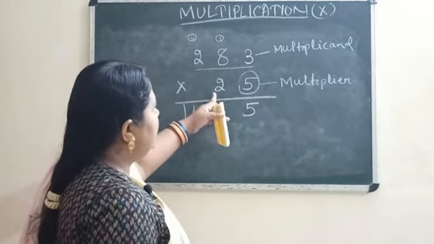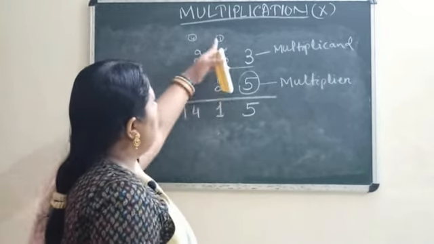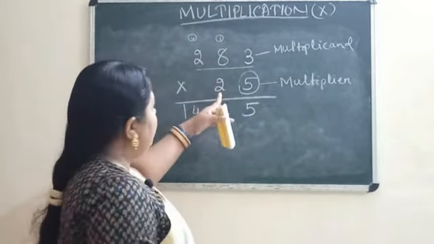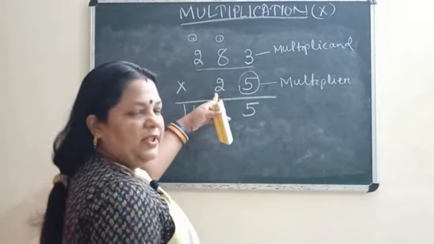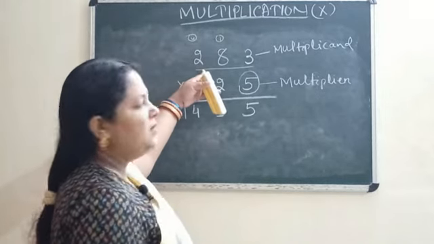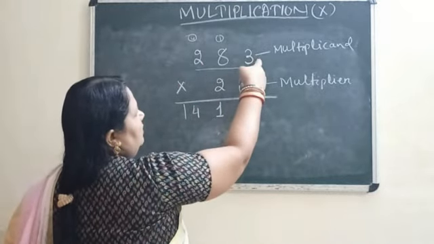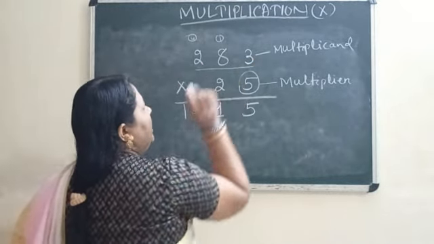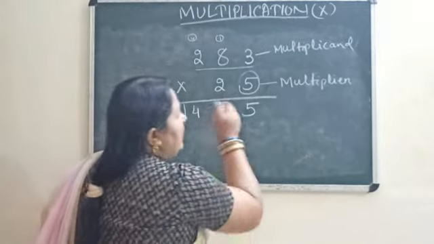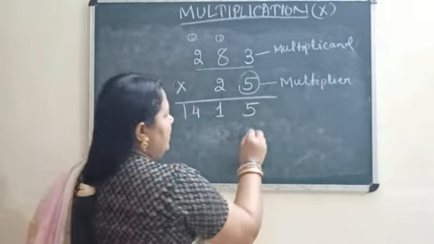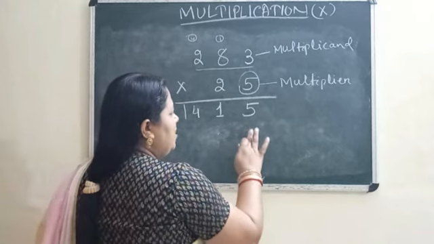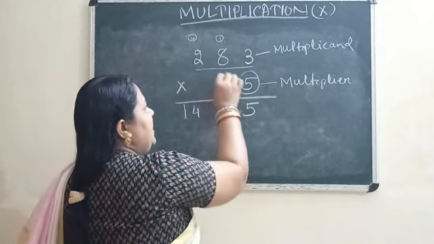Then another digit is there, 2. This is in which place? Tens place. So you will start multiplication with this number by our multiplicand. You will start from ones place. 2 3s are 6. So where to write 6? You will not write here because this is tens place.